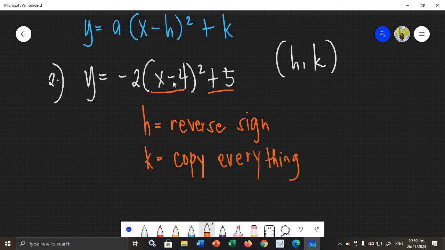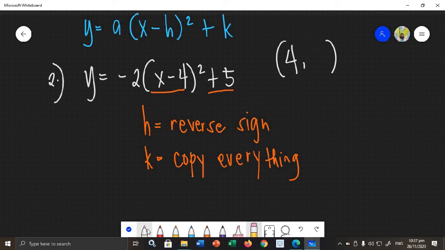So in this case, we have x minus 4. Technically, it should be negative 4. But we need to get the reverse sign. So instead of negative 4 being the value of H, it becomes positive 4. And then for K, this side, we need to copy. Just copy everything, even the sign.